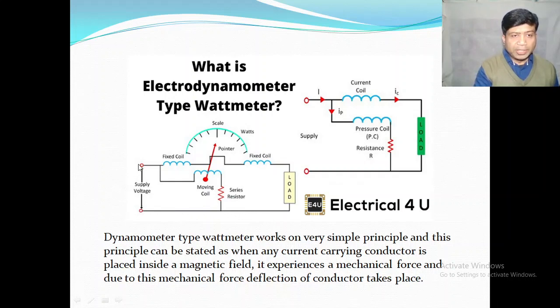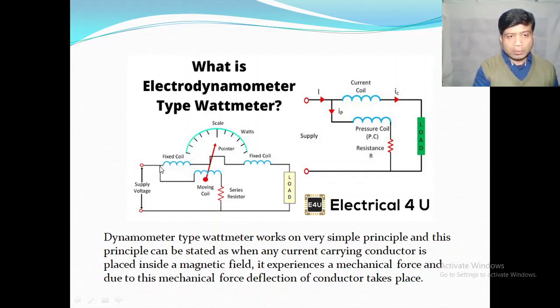You can see it here: the two parts of the fixed coil, fixed coil 1 and fixed coil 2, the load and the supply voltage. All of these four quantities are in series. So the fixed coil will carry the series current, or the load current. The fixed coil will carry the current in the load.